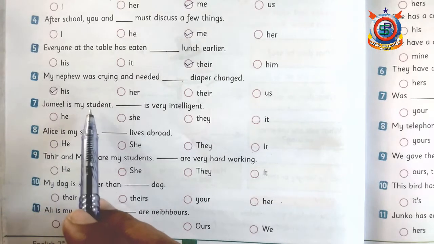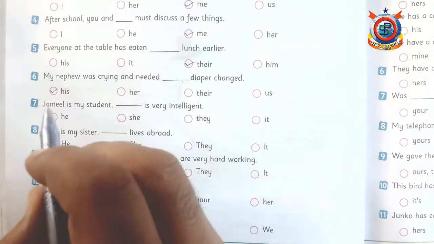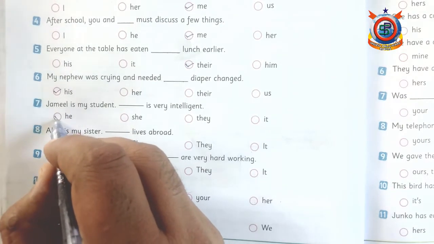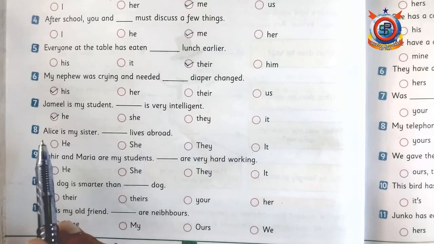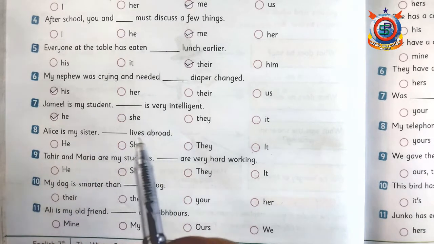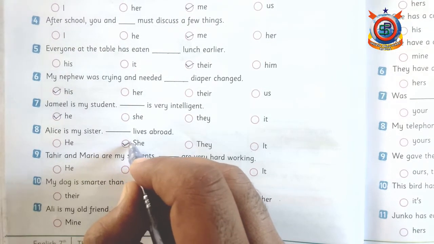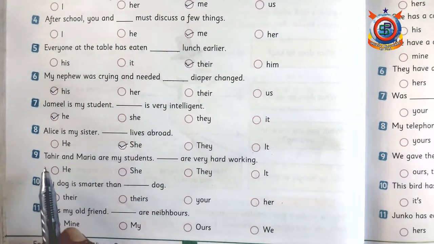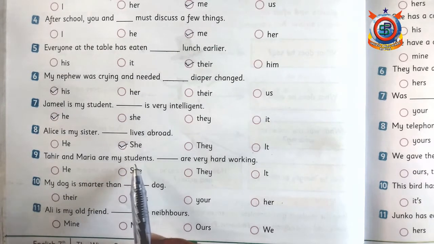Number 7. Jamil is my student. He is very intelligent. The right option is option A. Number 8. Alice is my sister. She lives abroad. Option B. Number 9. Tahir and Maria are my students.